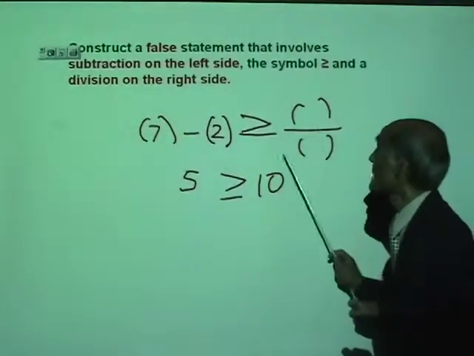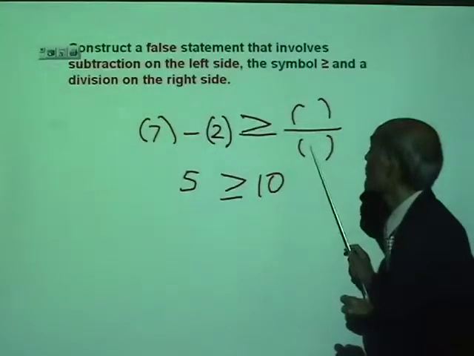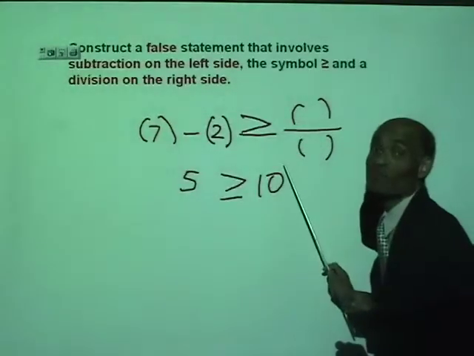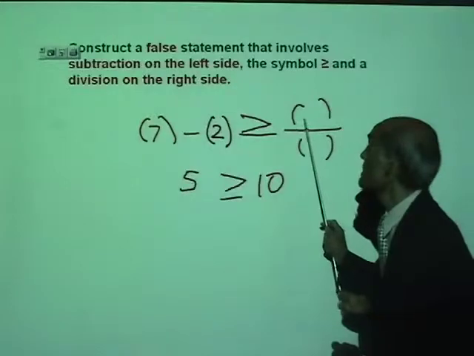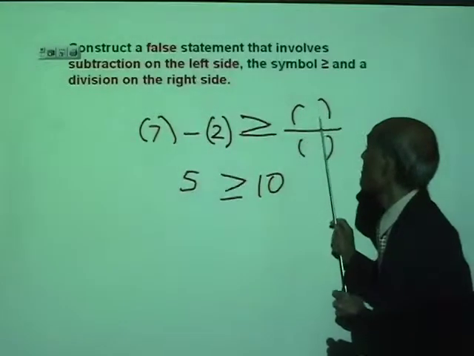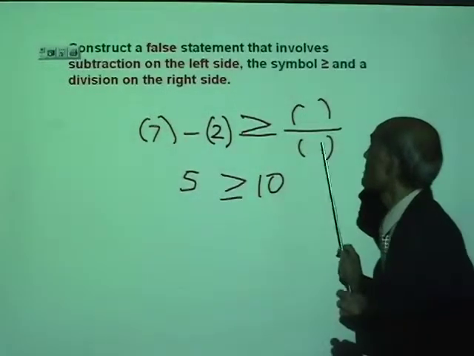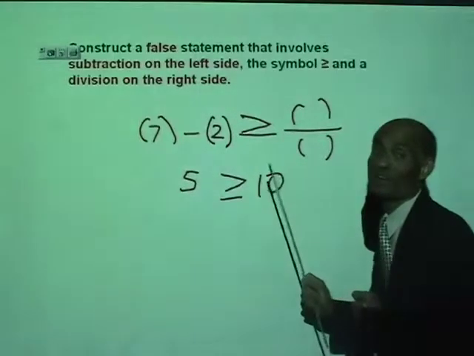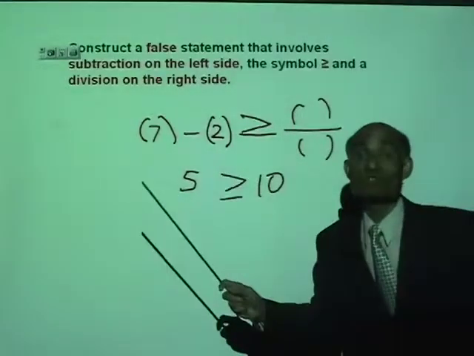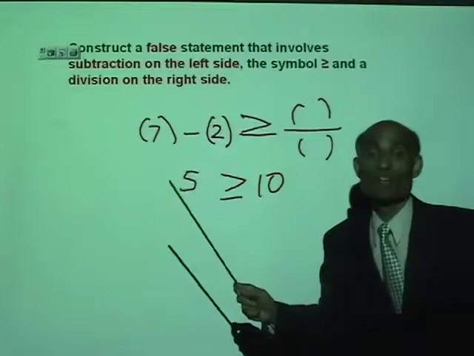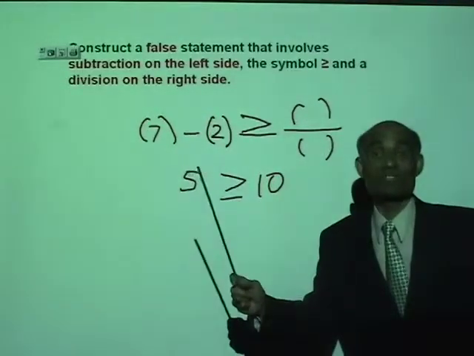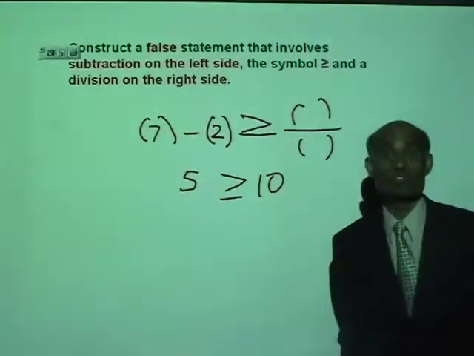That means you must now put numbers over here that will give you 10. Can you give me some numbers, a number divided by a number, equal to 10? Again, there are many choices you can make. You see, there is no single answer for this question. There are many answers.